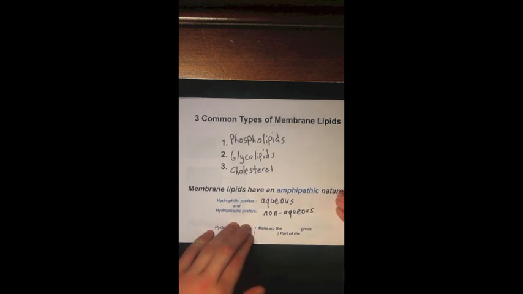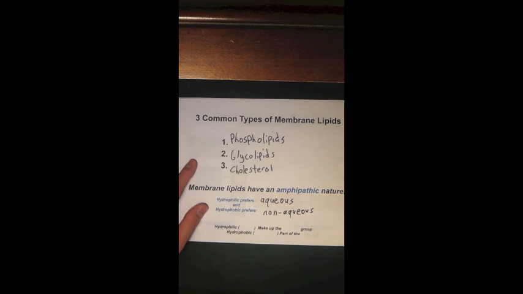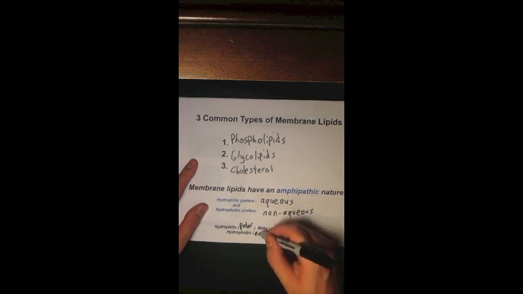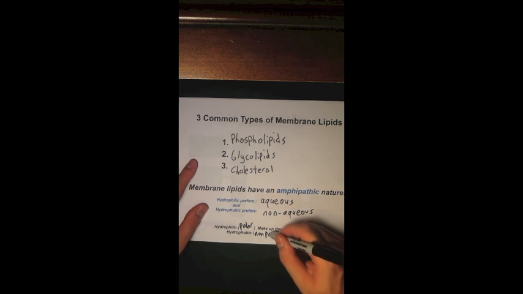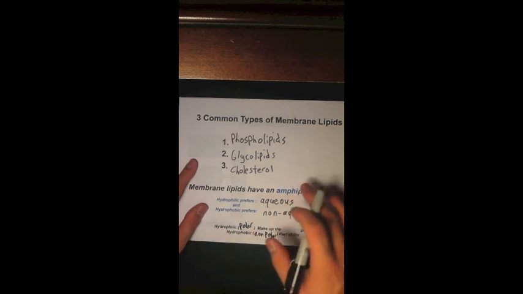Now, hydrophilic and hydrophobic also go by the names polar and nonpolar, with hydrophilic being polar and hydrophobic being nonpolar. And the hydrophilic part of any membrane lipid is the head group, and the hydrophobic part is called the tail group.